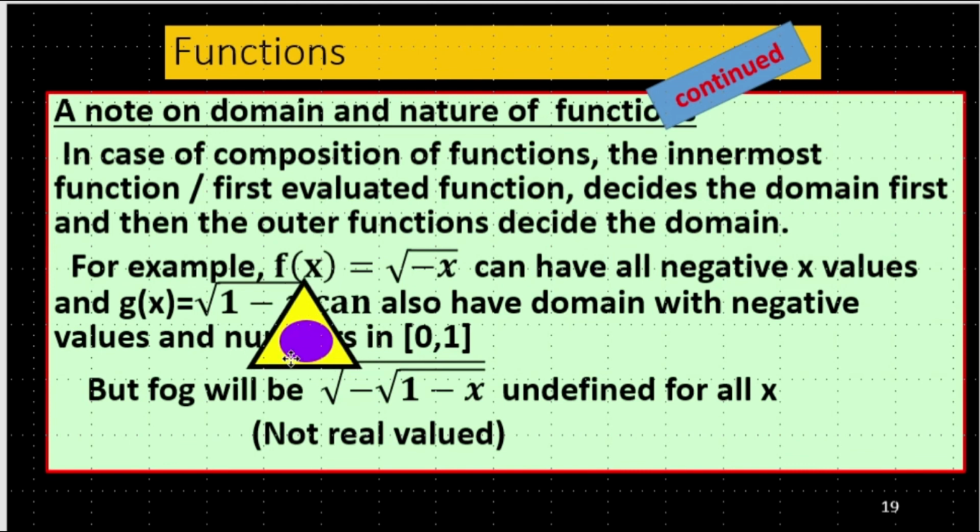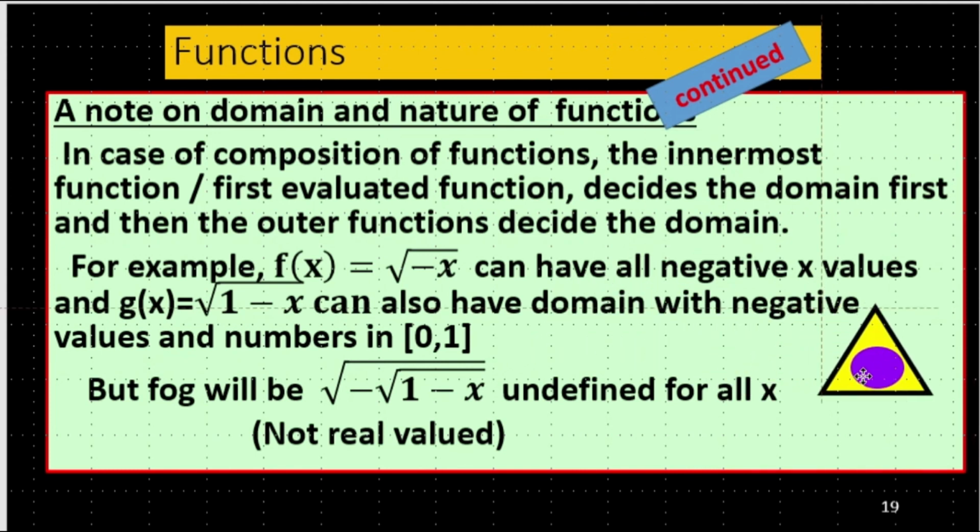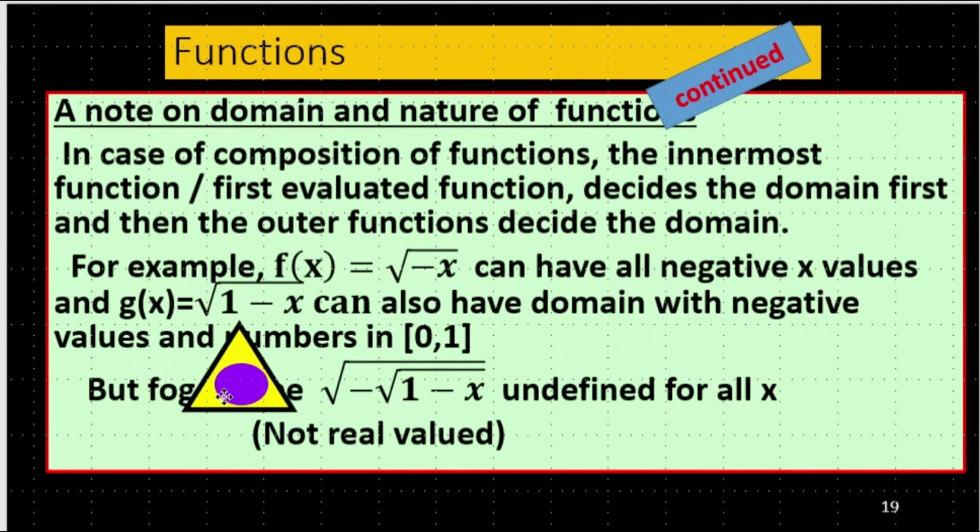For example, f of x equal to square root of minus x can have all negative x values, and g of x equal to square root of 1 minus x can also have a domain with negative values and numbers in the 0, 1 interval. But f o g will be square root of minus square root of 1 minus x. It is undefined for all x. So this function is not real valued at all.